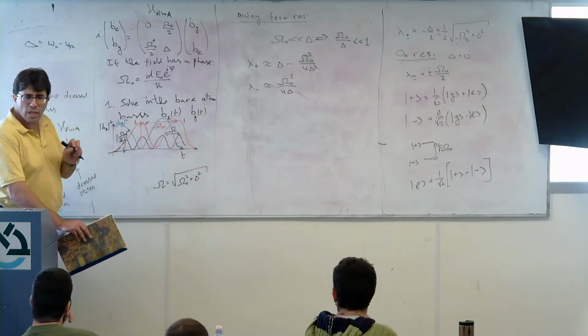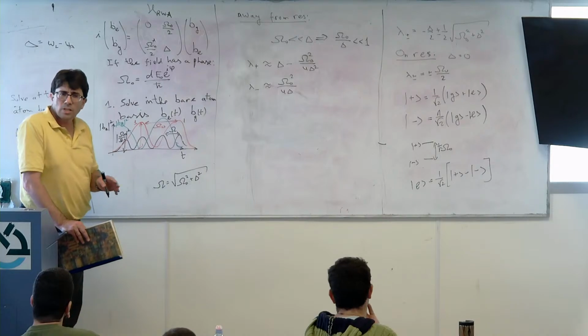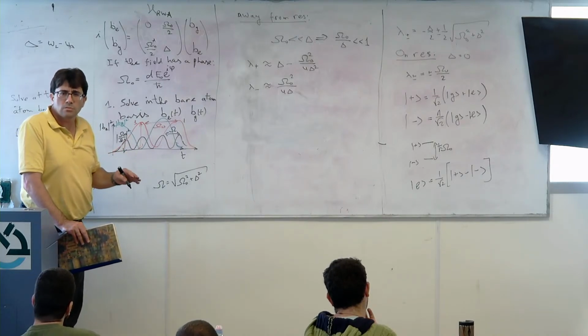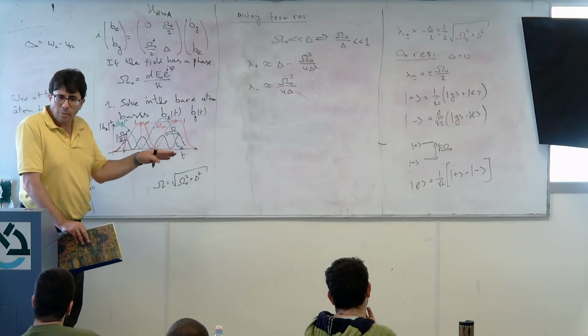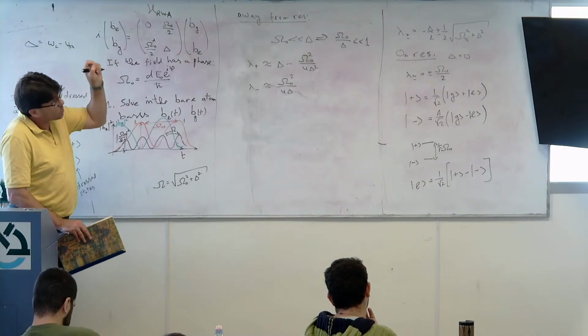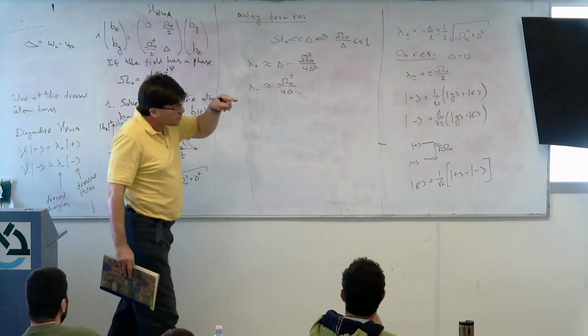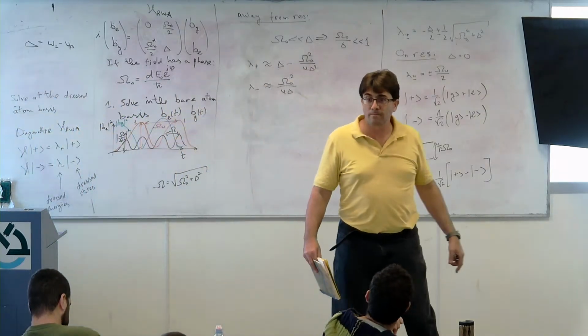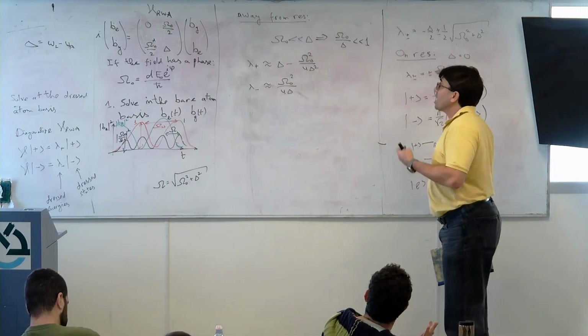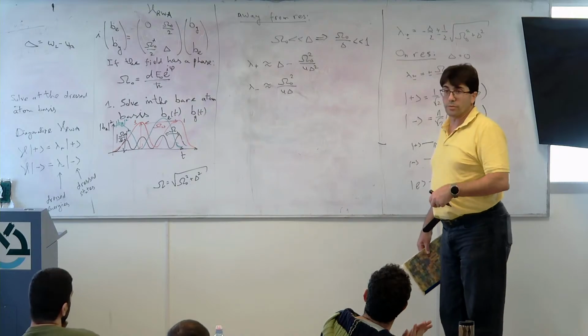So almost nothing happens. The excited state remains pretty much empty. Population is in the ground, it remains there. There's a tiny fraction that appears on the excited state and oscillates very quickly, but it's very, very small. But still something happens, and that is the energies are shifted.